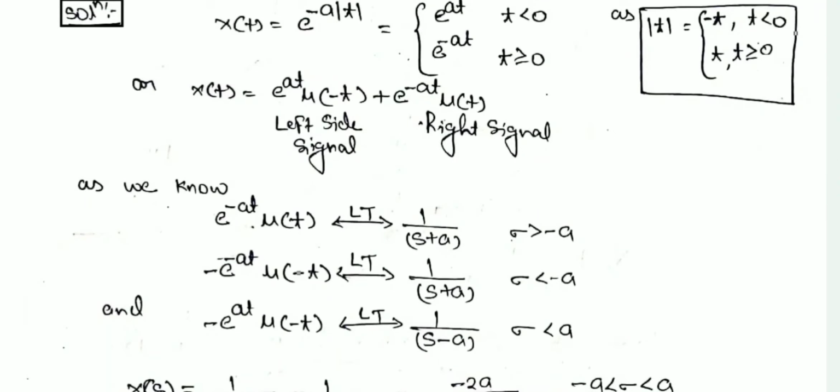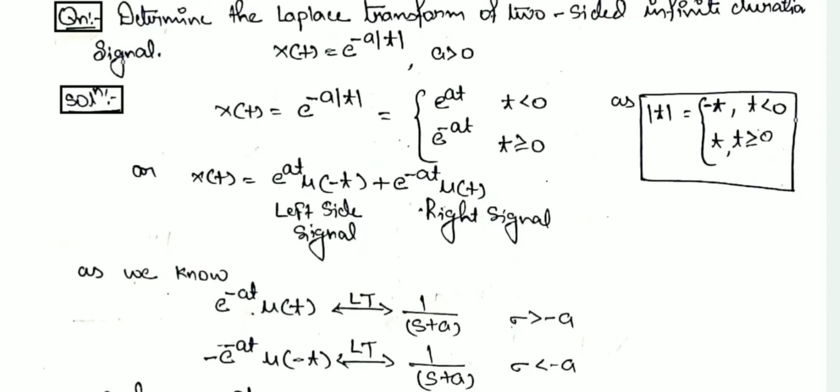Our question is to find the Laplace transform of e to the power minus a mod of t. We know the property of mod of t: mod of t equals minus t when t is less than 0, and it equals positive t when t is greater than or equal to 0.